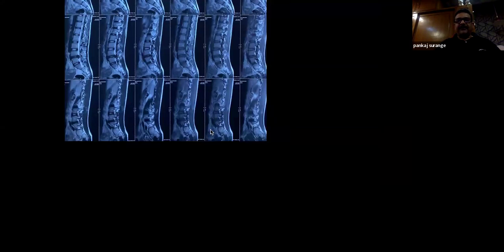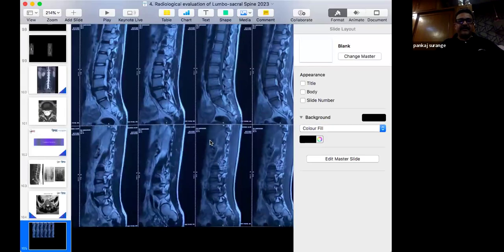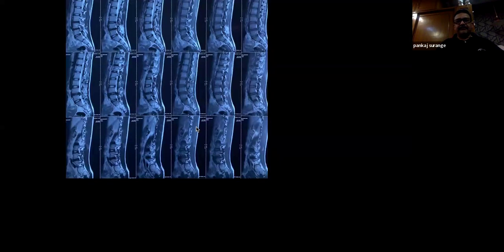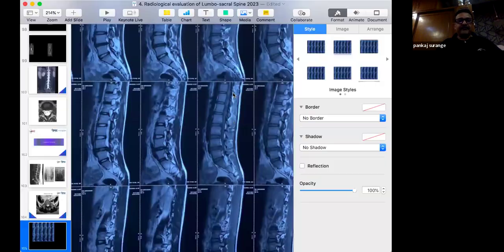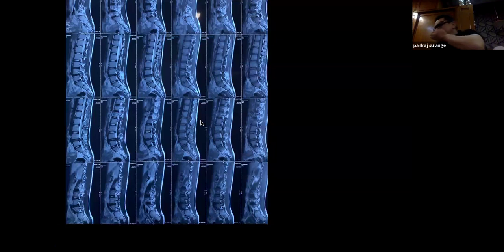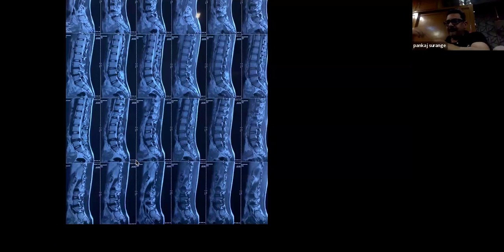So this is the kind of images we normally get. Quickly, let's go through this. What sequence and what section is this? T2 sequence, sagittal.